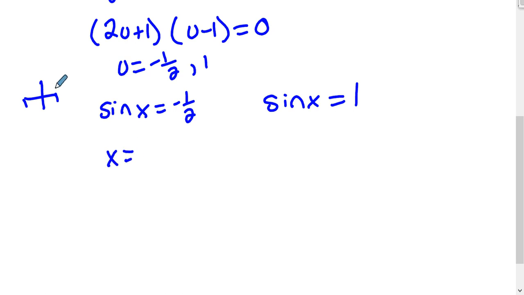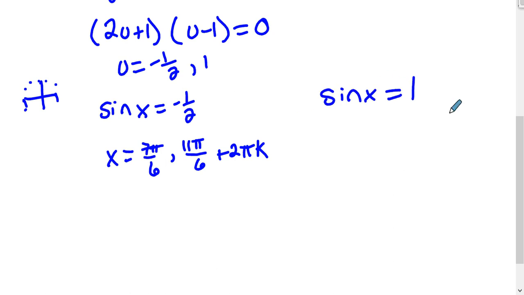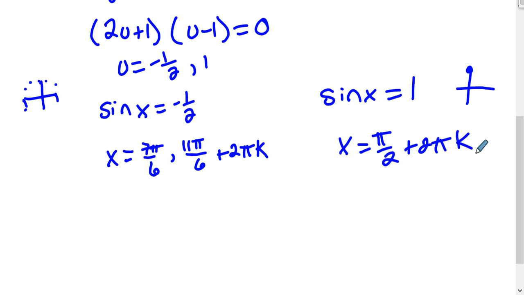So that occurs at 7 pi over 6, and then 1 short of 2 pi, which is 11 pi over 6. And then that keeps going for every 2 pi k. And then here, for the sine of x equaling 1, unit circle, sine height 1 right here at pi over 2 plus 2 pi k.